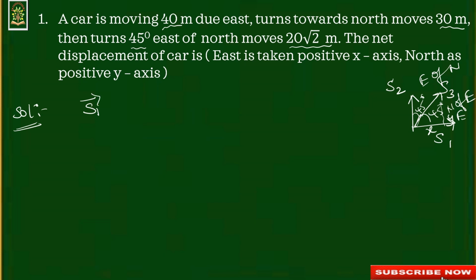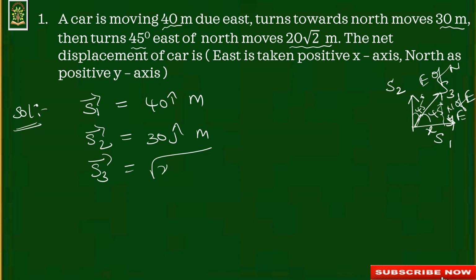S1 bar is equal to 40 i cap meters and S2 bar is equal to 30 j cap meters and S3 bar is equal to x i cap plus y j cap.